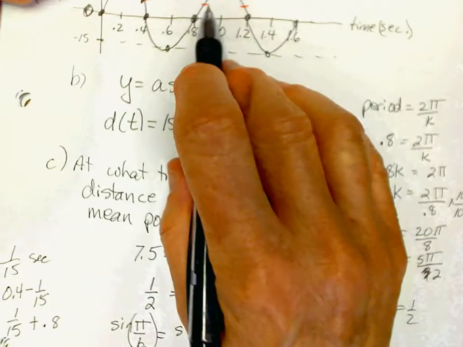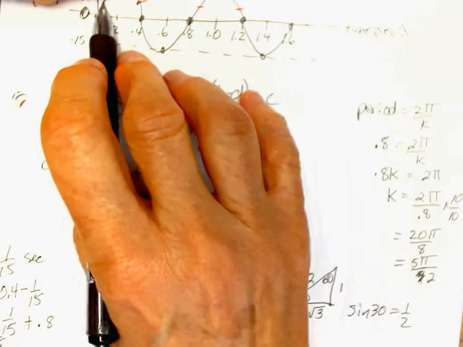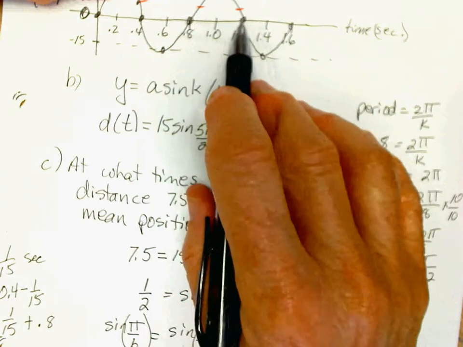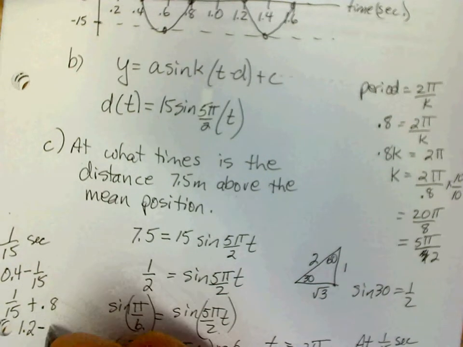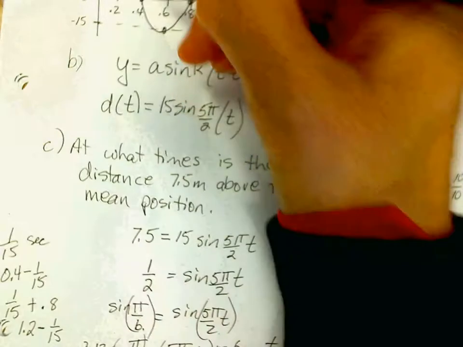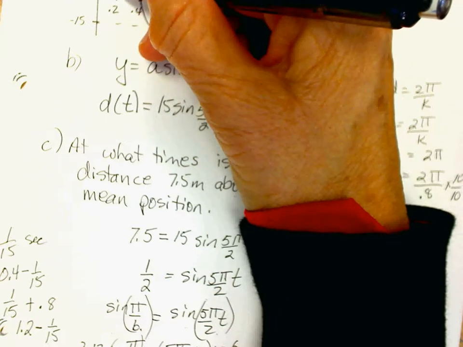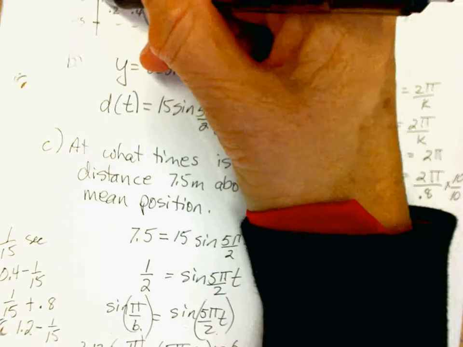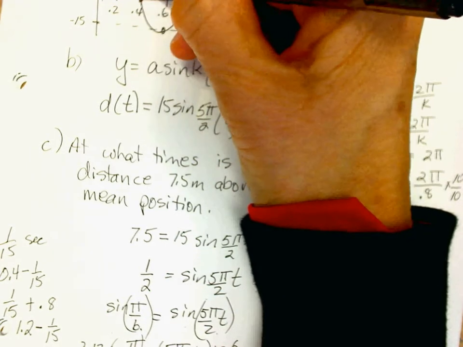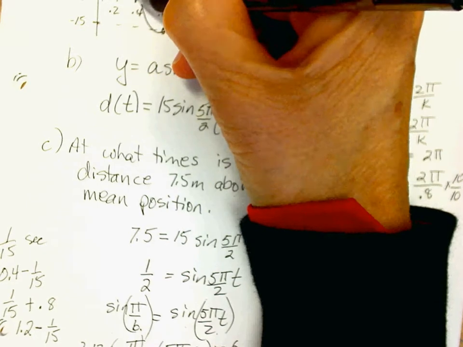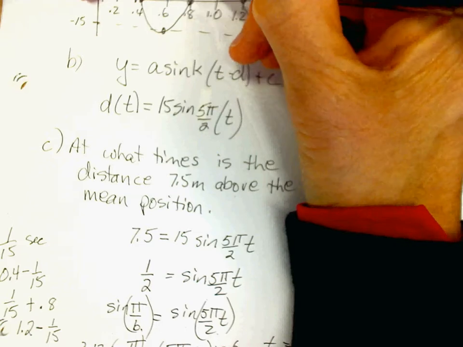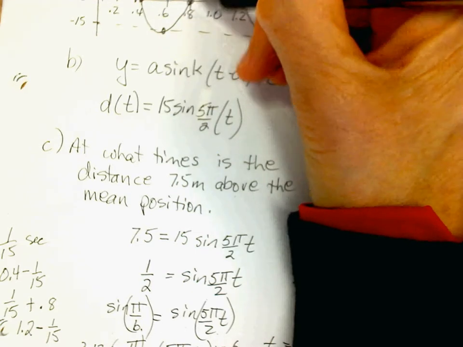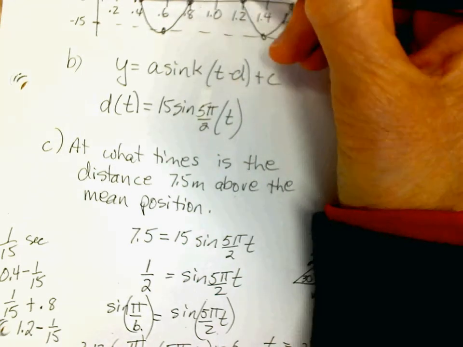And this one would be 1.2 minus 1 over 15, because it's symmetric. If this is 1 over 15 above that point, this one's going to be 0.4 minus 1 over 15, and this one's going to be 0.8 plus 1 over 15. This is going to be 1.2 minus 1 over 15. So there's 3 times. If you had a calculator, you could work them out.